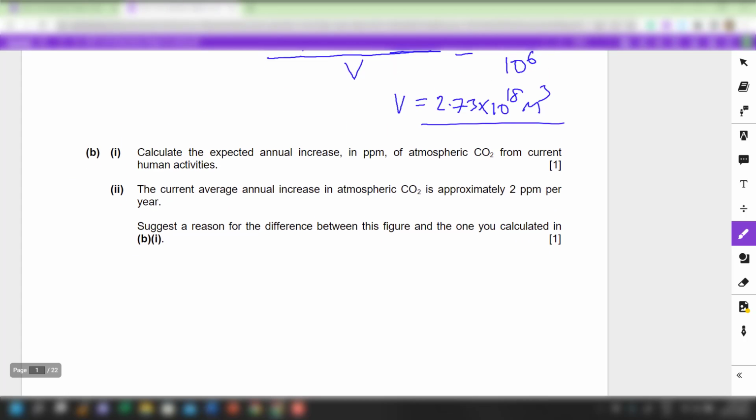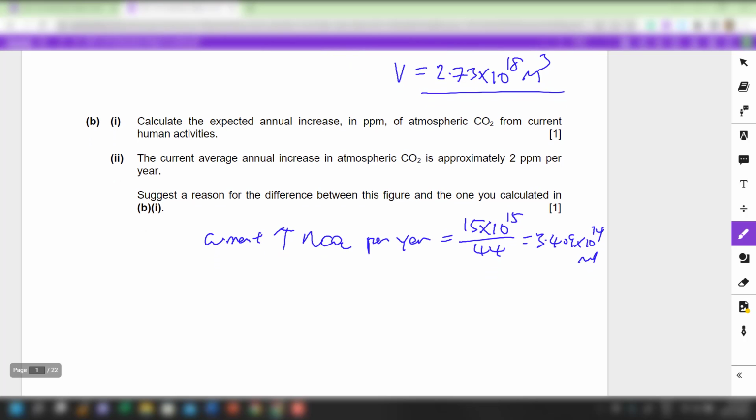That would be the current increase in number of moles of CO2 per year. So that would be 15 times 10 to the power of 15 divide by again 44. So I'm going to get 3.409 times 10 to the power of 14 moles.